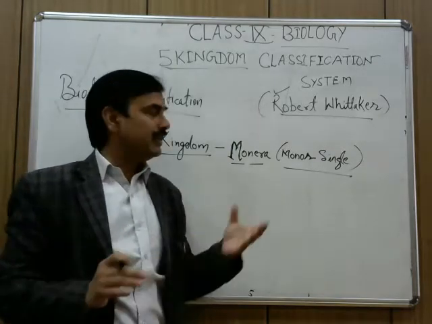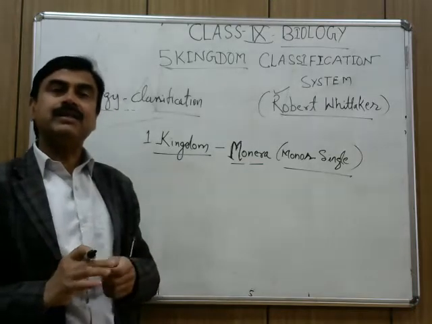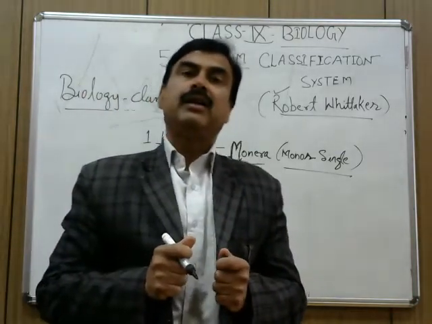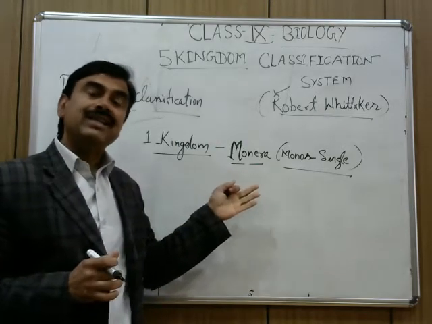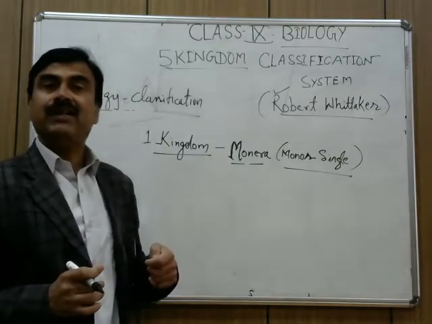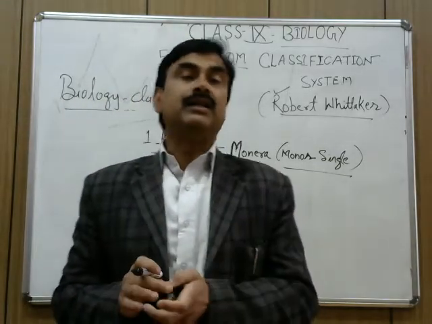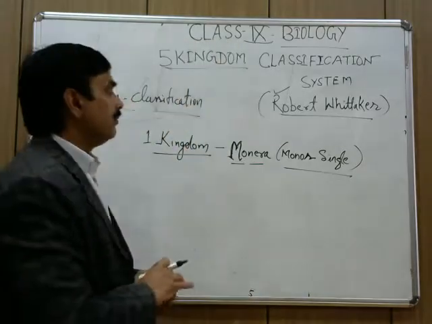What is the first one? The kingdom Monera. In these, there are many members that are single celled. They are undeveloped, very simple. When I give you examples, you must remember that these organisms are examples of this kingdom.